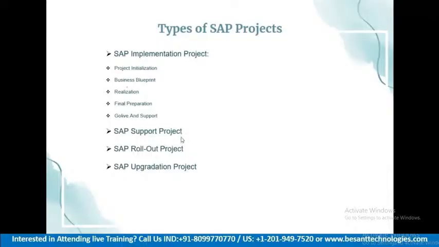Sometimes nowadays everybody is upgrading from ECC to S4 HANA. So same business, they have an S4 HANA solution in USA. In India, they have an ECC solution. They have to upgrade or change the entire solution. Same solution we are copying and installing in another part of the business or region.